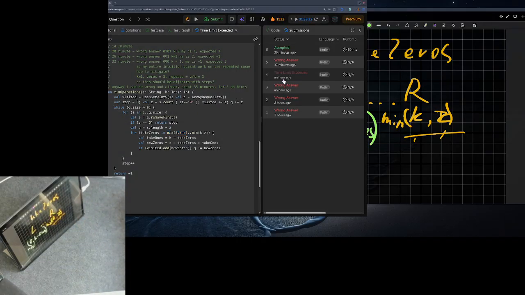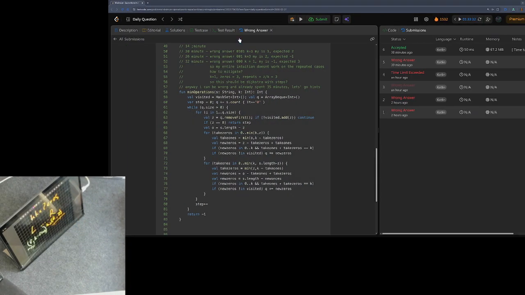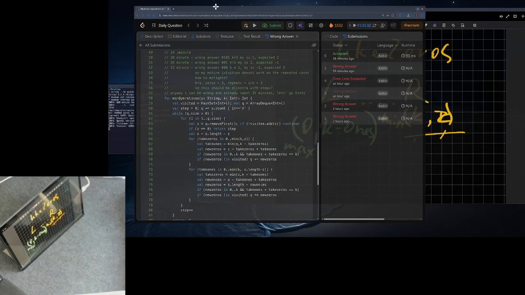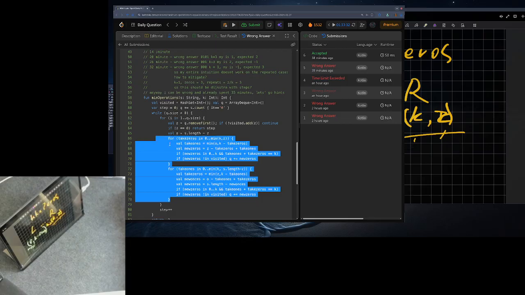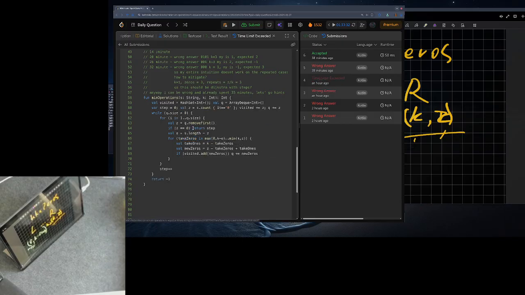So my initial code was almost correct, but it was an off-by-one type of error that I should be more careful with. I should spend more time to reason about how many zeros I can take.